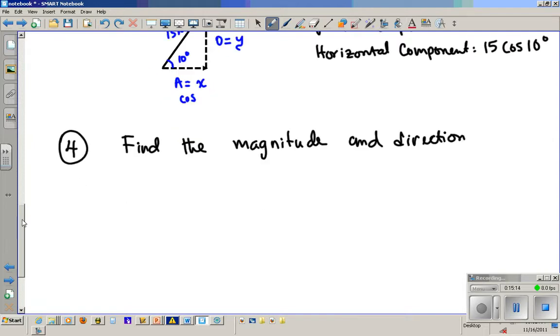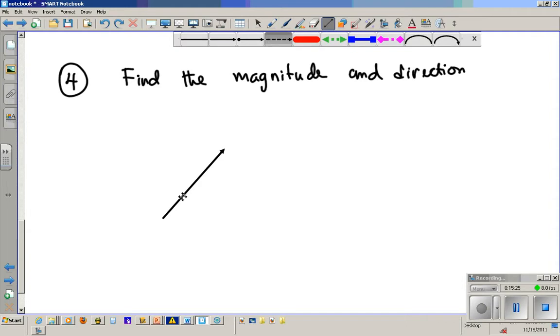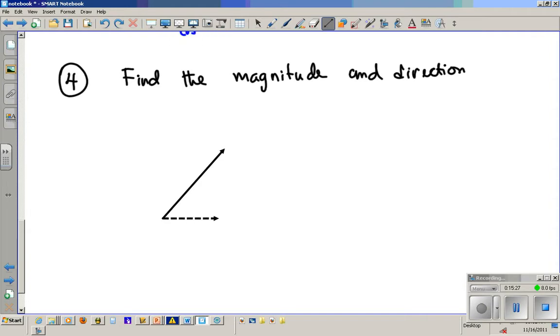All right, so for this one, let's say we have a vector like this, vector P, and they already gave us the components. This is the x component right here, and there goes the y component right there. Let's say the x component is 3, and the y component is 5, and your angle is alpha. So it's asking you for what is the value of alpha, that's the direction, and then how long is this.